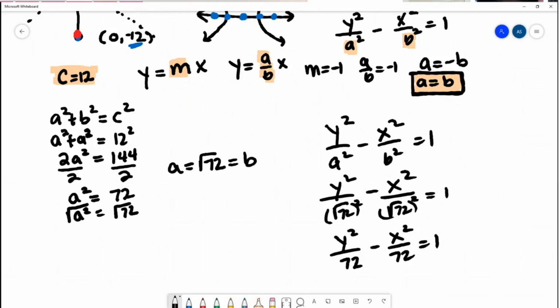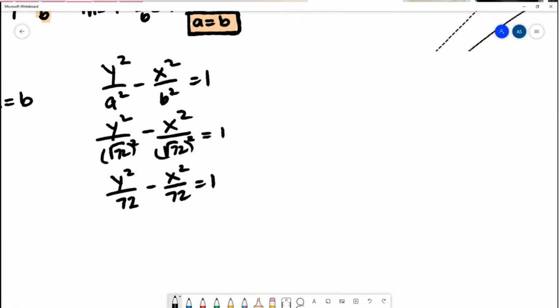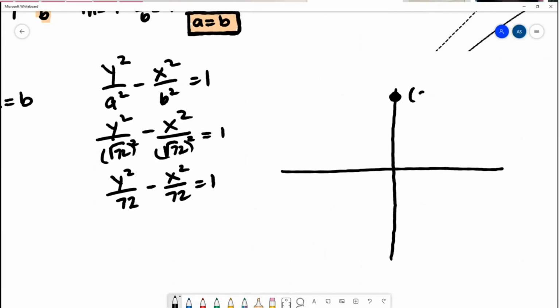I'm going to draw the final sketch of this graph using the information that we have. So let's say I've got my foci here at 0, 12, 0, negative 12.